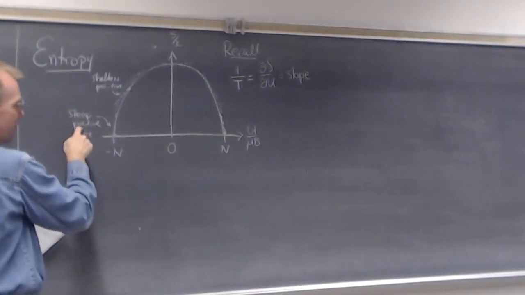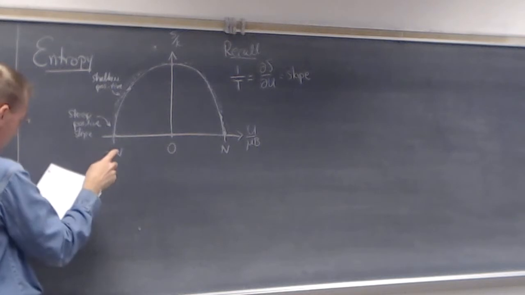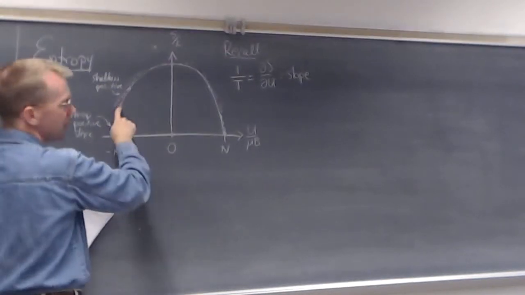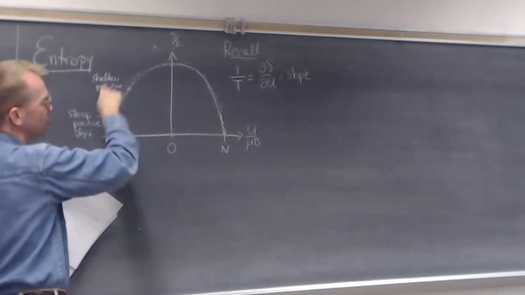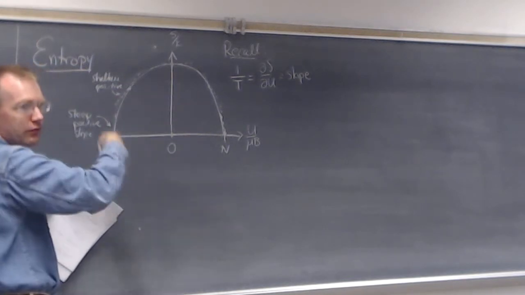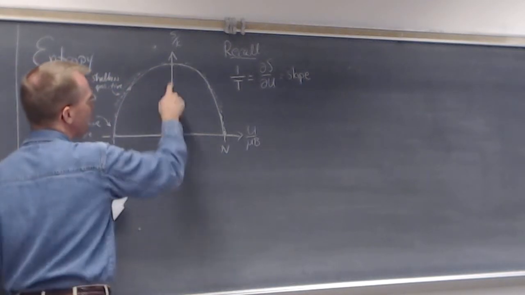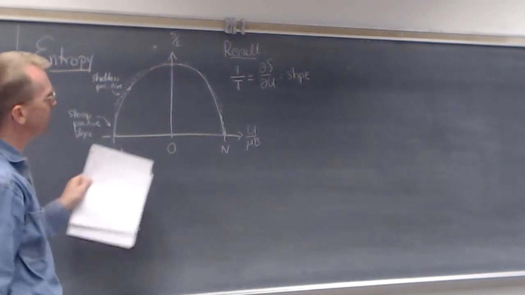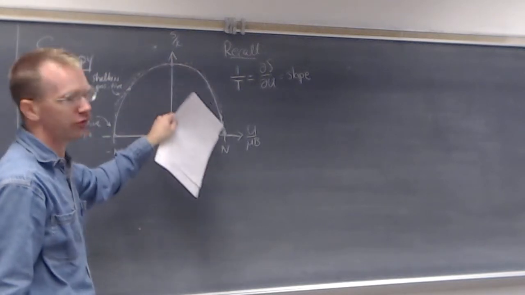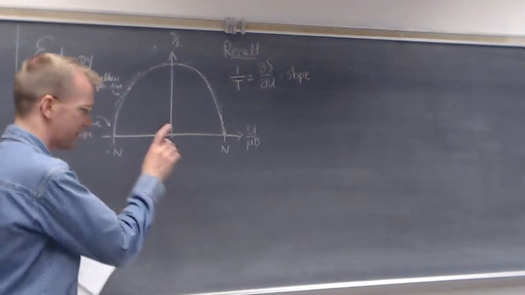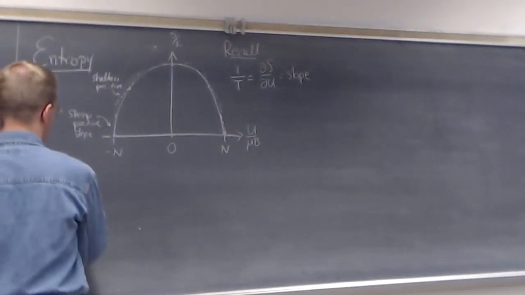We have a steep positive slope, which means we have a low positive temperature. As you increase the energy, you get a shallow slope, so 1 over that is a large number, a higher positive temperature, and when you get to 0 energy, your slope is 0, so 1 over 0 is infinity. So I'm going to plot out the temperature here.